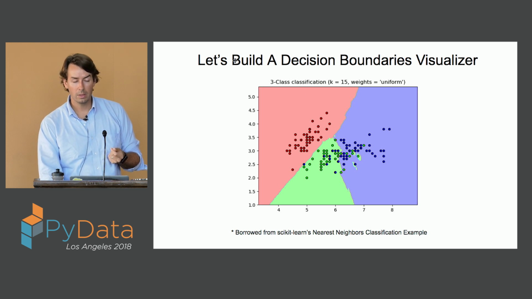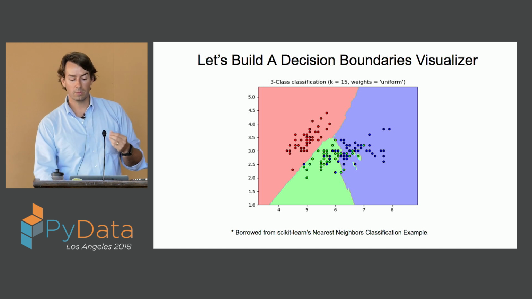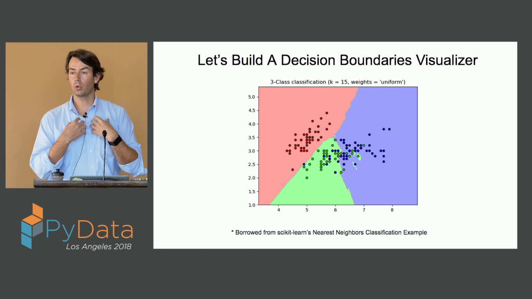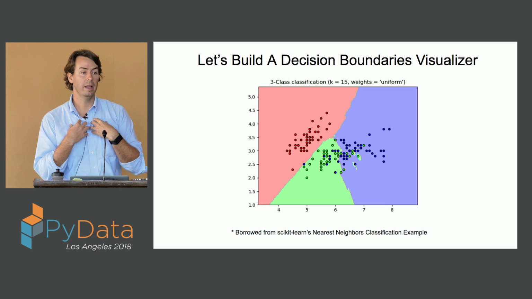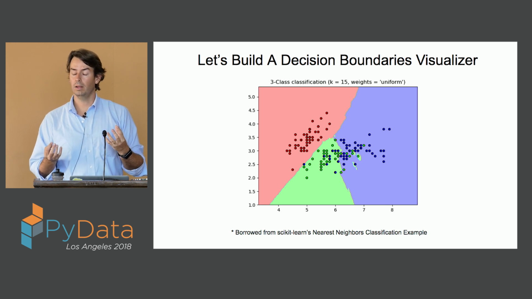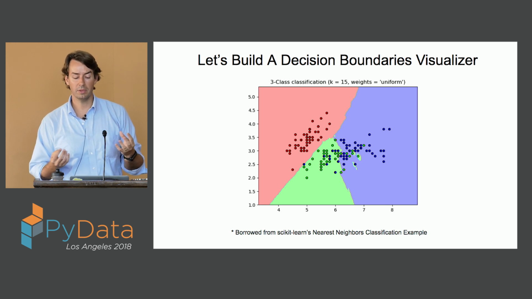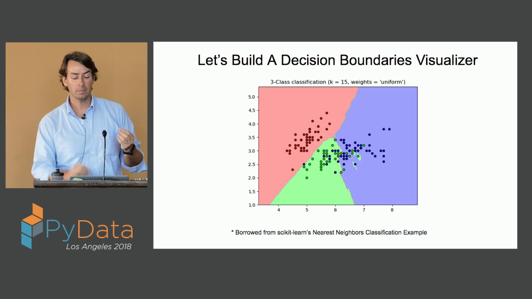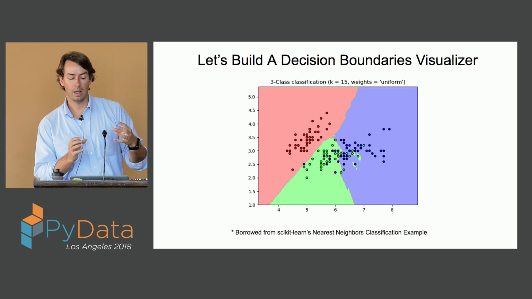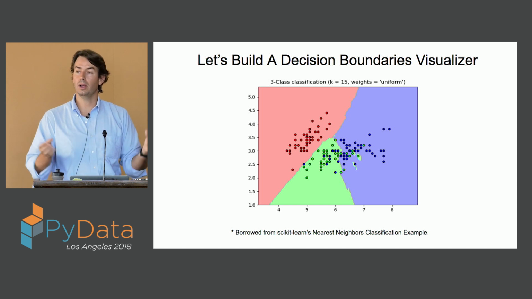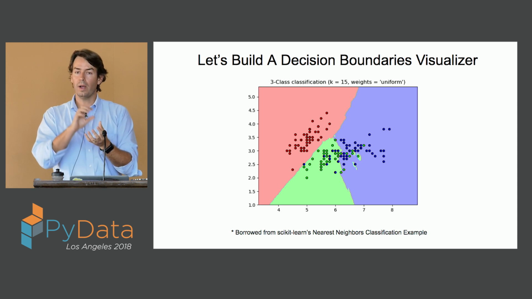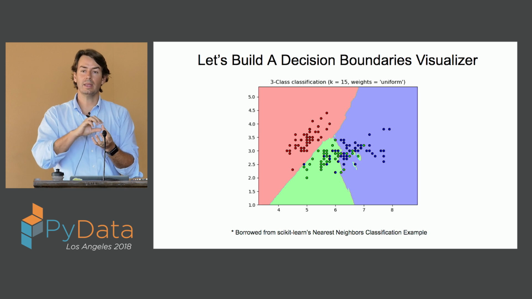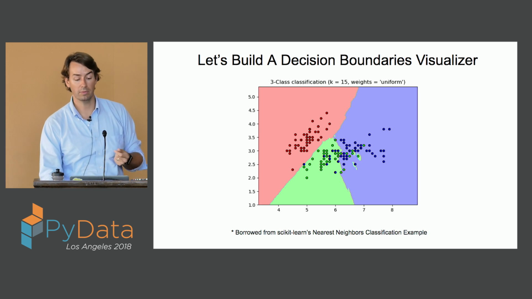So as we're building this, I'm going to go through my common workflow for building a visualizer, and I'm sure for many of you this is a common approach: experimenting, getting your outcome, and then eventually refining and refactoring it so you can reproduce and share it with the rest of your team.